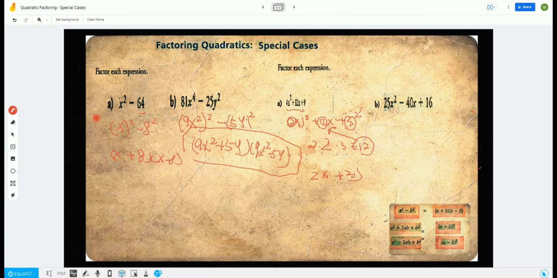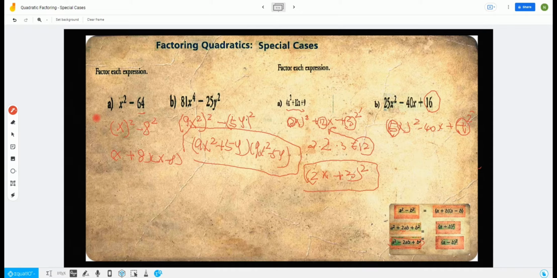Move to this one. 25x squared is 5x squared, minus 40x, plus 4 squared. Look at 5 times 4 is 20, and times 2 is 40. So it's a perfect square.